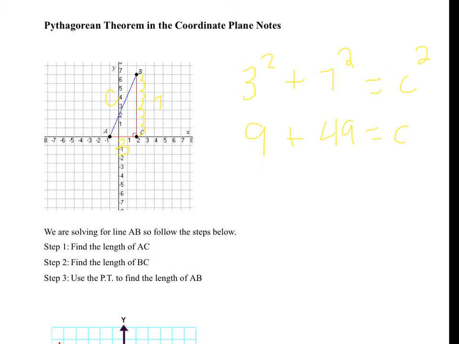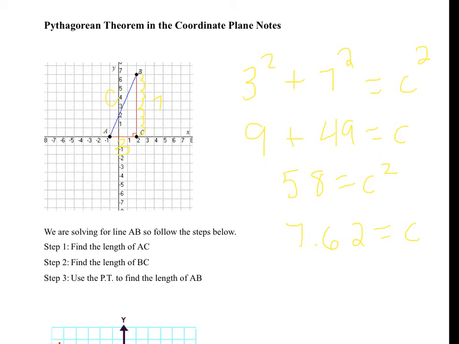So 49 plus 9 is going to be 58. And if I take the square root of 58, that is going to equal 7.62. So that would be the length of AB.